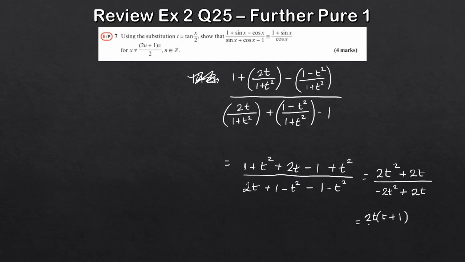In my denominator, I can take out 2t again, that'd be 1 minus t, so really I should have written that as 1 plus t. So 2t times 1 minus t there. We'll close that bracket down here. At this stage, I can actually cancel both of my 2t's.